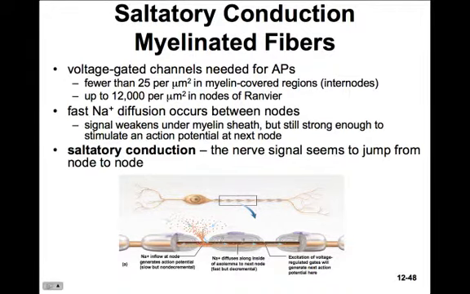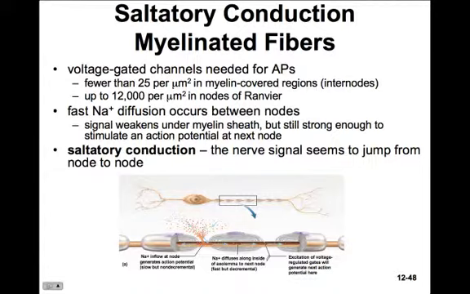Some current moves under the internode and again excites the channels that are gated in the nodes of Ranvier. In this fashion, the nerve signal seems to jump from one node to the next. We call this saltatory conduction.